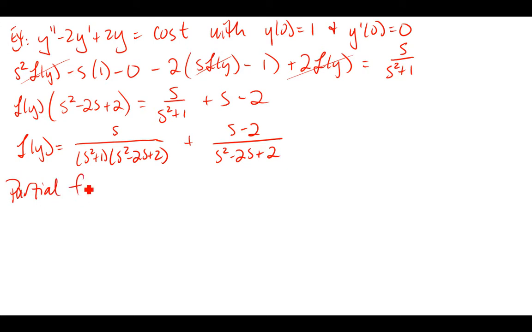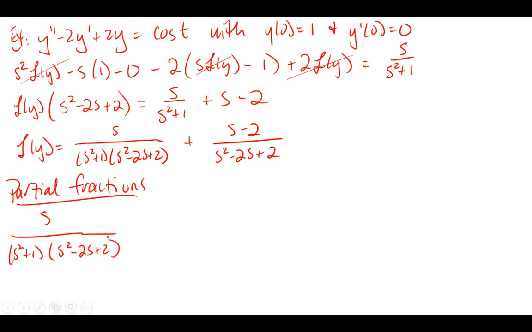I'm going to run out of space on this slide, so I'm going to set it up here, but I'll go on to the next slide. I'm going to propose that this can be rewritten in our usual partial fraction trick. We say that's going to be written as something over s squared plus 1 and something over s squared minus 2s plus 2.